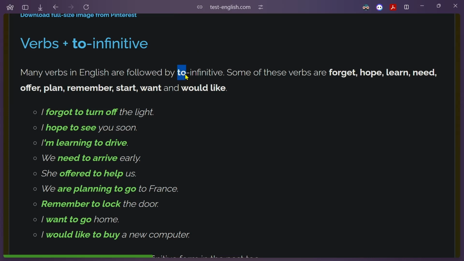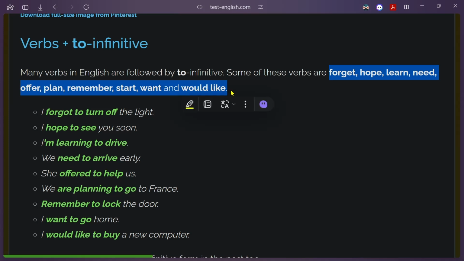Now, many verbs in English are followed by to infinitive, okay? This to is a preposition, right? And then the infinitive. Some of these verbs are forget, hope, learn, need, offer, plan, remember, start, want, and would like. You all know these verbs, right? No new verbs here, right?